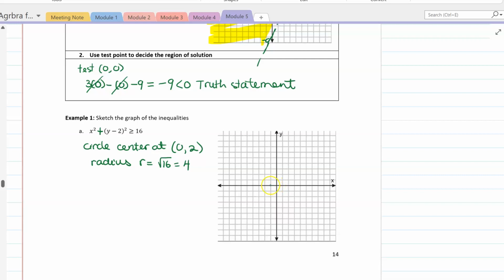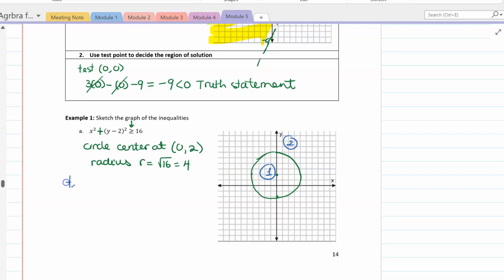So start with the center at 0, 2, radius 4. So now we get a circle, and this time we have a solid line because we have a greater than or equal. Okay, so now this graph divides the xy plane into two regions, region 1 and region 2.